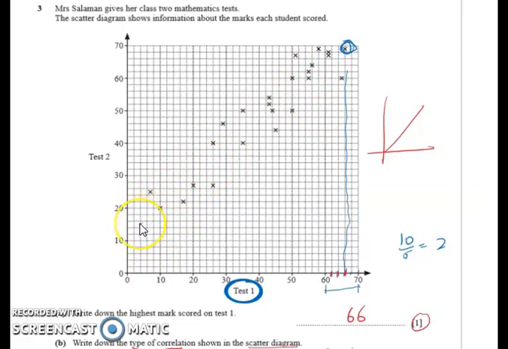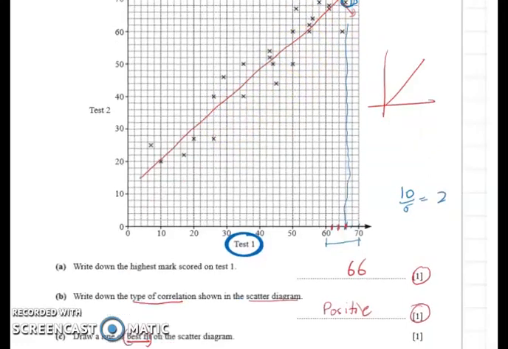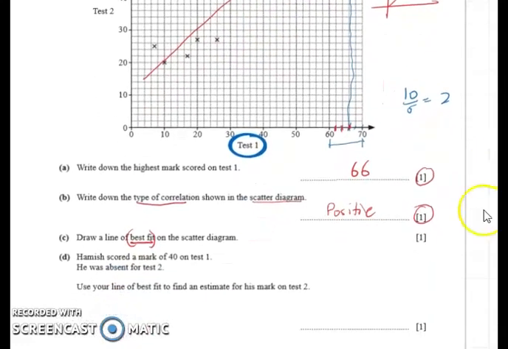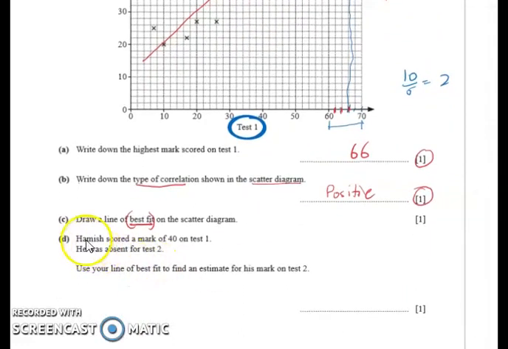This can be a straight line, and always make sure the number of points on either side of the line is equal. Okay, let us answer the next question.